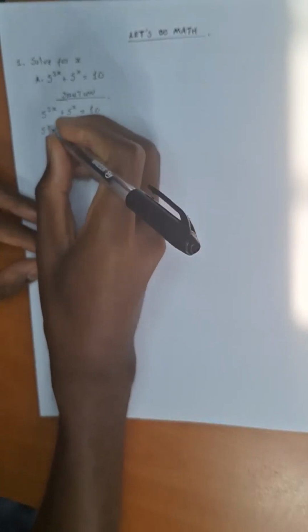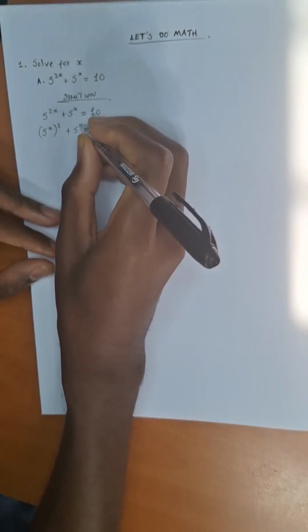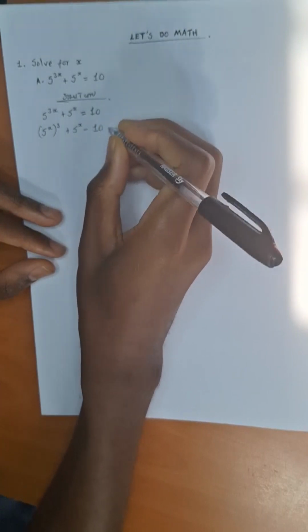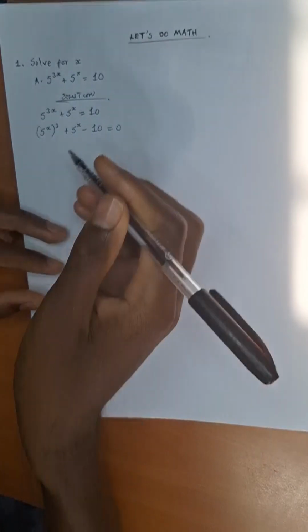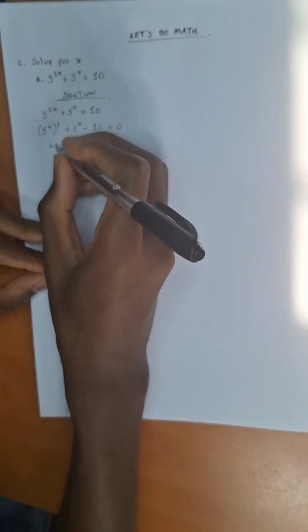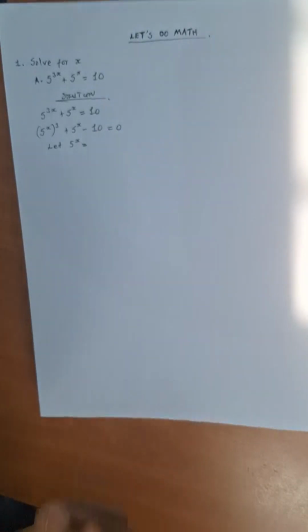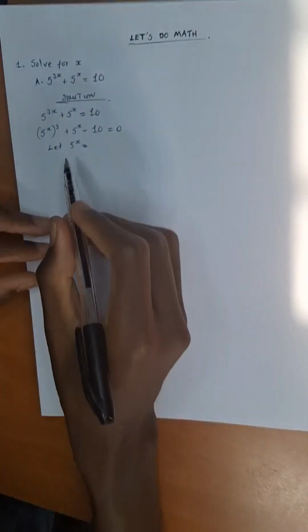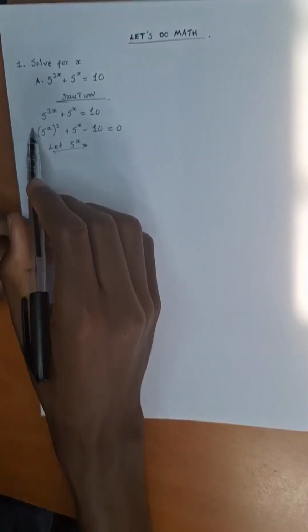We're going to say 5 power x, the 3 will be outside, (5 power x)^3 plus 5 power x minus 10 is equal to 0. On this stage, we're going to say let 5 power x be equal to any letter of your choice, because if you don't do this step, you cannot go any further solving this.